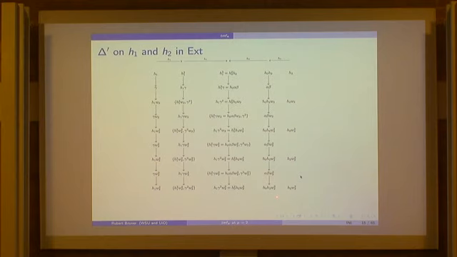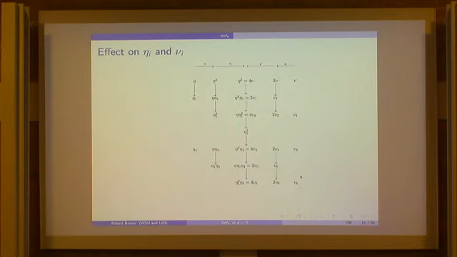I put these out here just to show that h2 squared is non-zero. So, I'm sorry, I don't know if that was why you were frowning. Maybe you were frowning for some other reason. But we can apply delta prime once we get up to 2h2 here. And then when we throw away the elements that don't survive the spectral sequence, this is what's left.